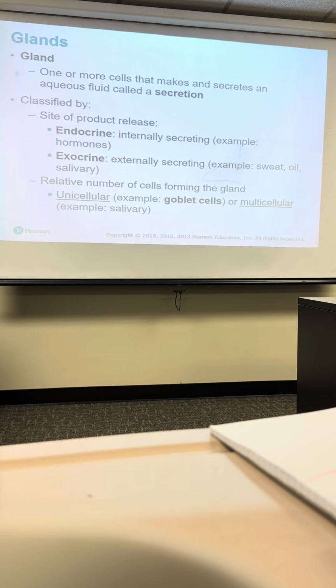The glands which secrete things inside, like your hormones, right? So these are the endocrine glands. So now we have two different types of glands, endocrine and exocrine, and these glands are actually lined by the what? Layer of the epithelial tissue.